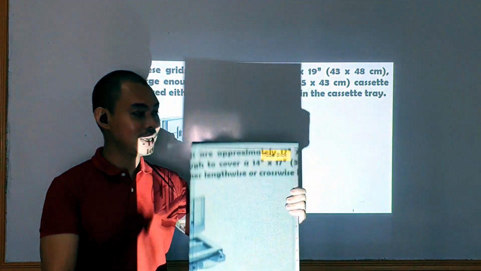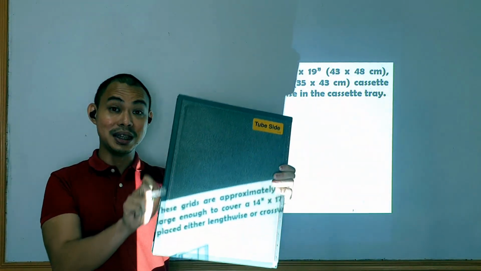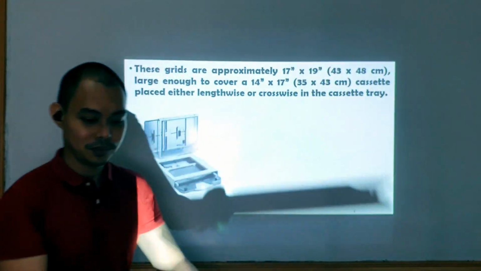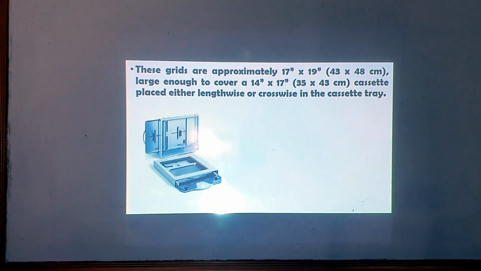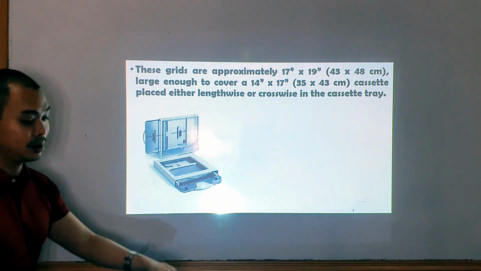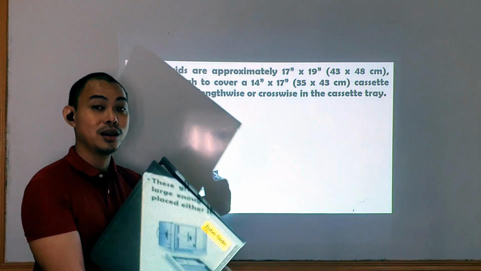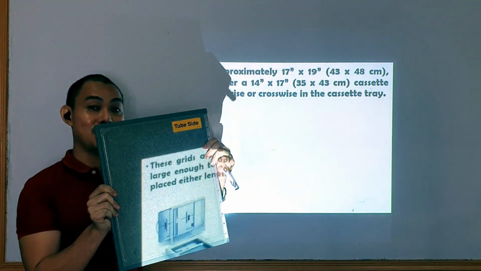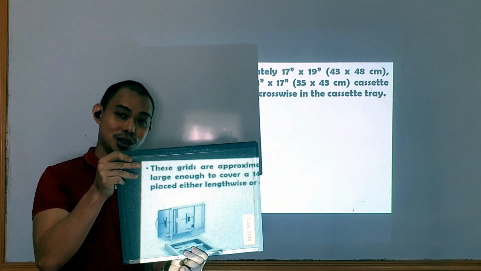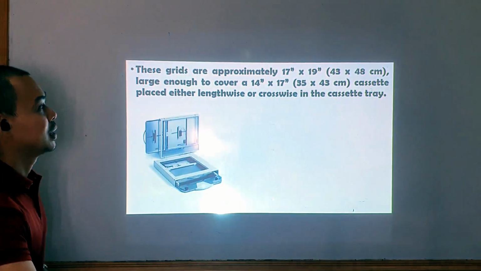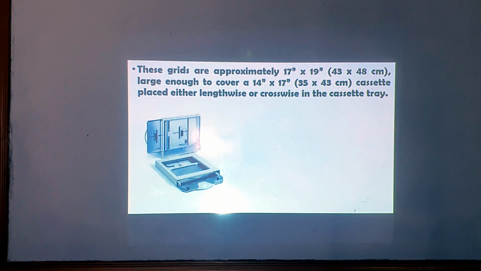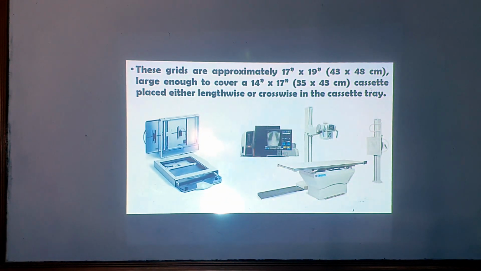For this one, this is 11 by 14. The cassette is placed either lengthwise or crosswise in the cassette tray, which is located under your X-ray table or radiographic table.